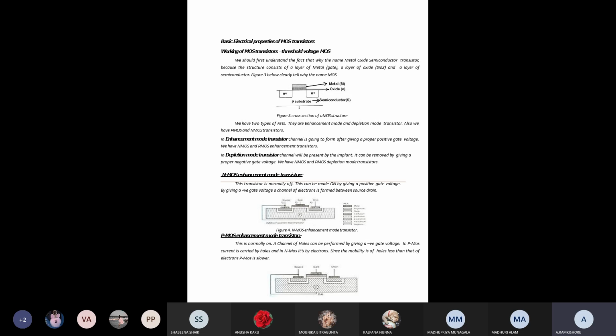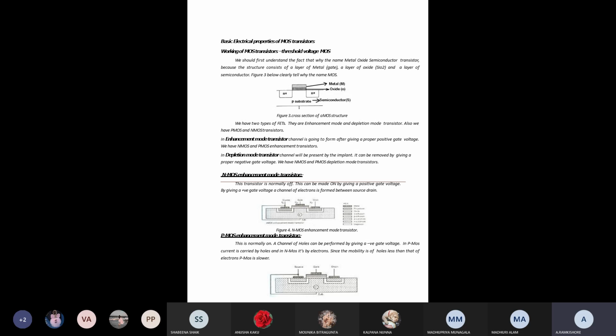The channel is removed by applying a proper negative gate voltage. In this category we also have two types: the NMOS depletion mode transistor and the PMOS depletion mode transistor.